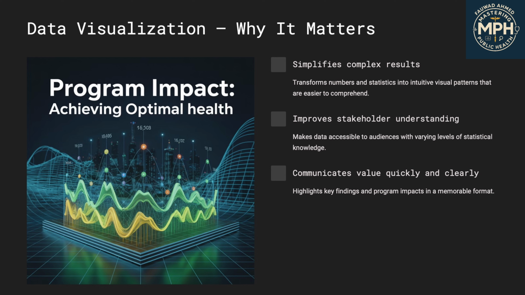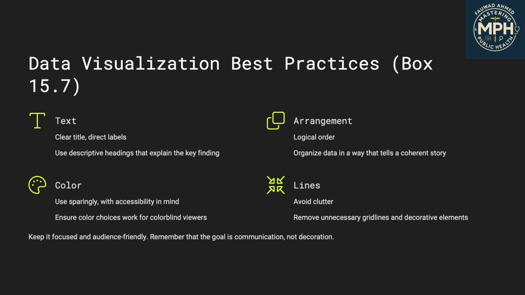Presenting data visually. Visuals can turn numbers into understanding, but only if done well. First, choose the right chart type for your message. Bar charts for comparisons, pie charts for proportions, line graphs for trends. Use Evergreen and Emory's data visualization checklist, Box 15.7, to guide your visuals. Tips include: write a clear summarizing title.